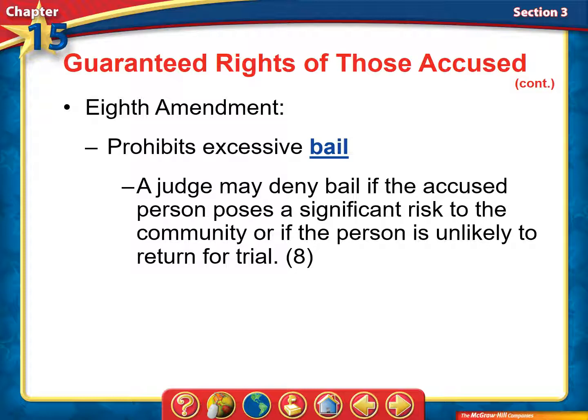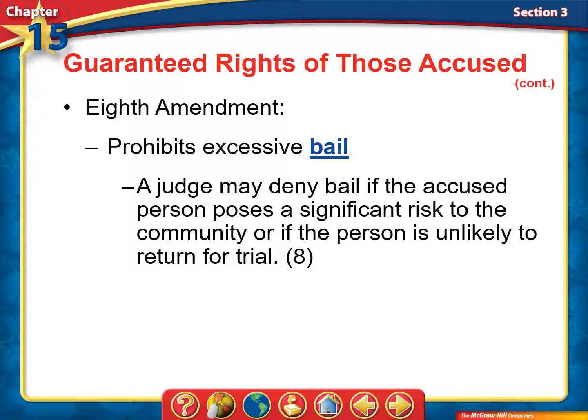Now let's assume that you're caught. The judge has deemed you a flight risk because after all, you just fled the scene of a crime. And so they're going to set bail. Even in that case, the Eighth Amendment still protects you. They can't set the bail at just $1 million. They can't.